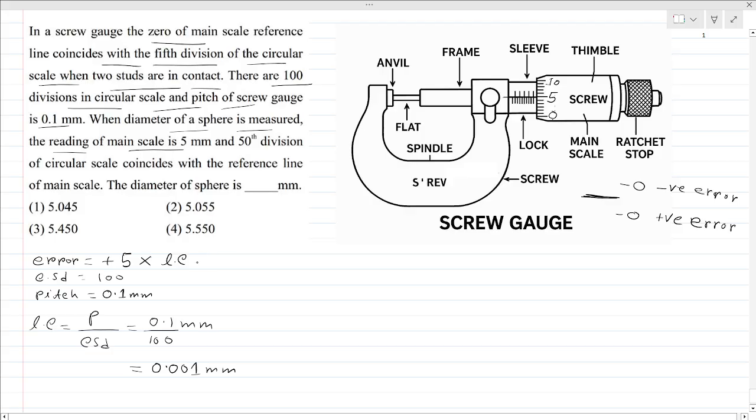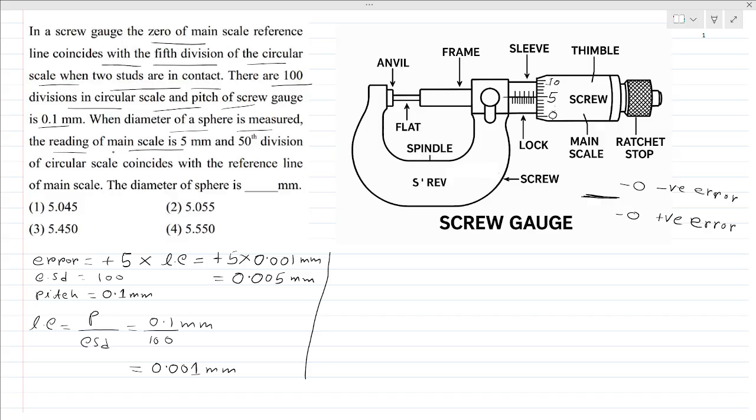Now we can easily calculate the error as well. So plus 5 into 0.001 mm, which is nothing but 0.005 millimeter. This is the value that we calculate using the given data.